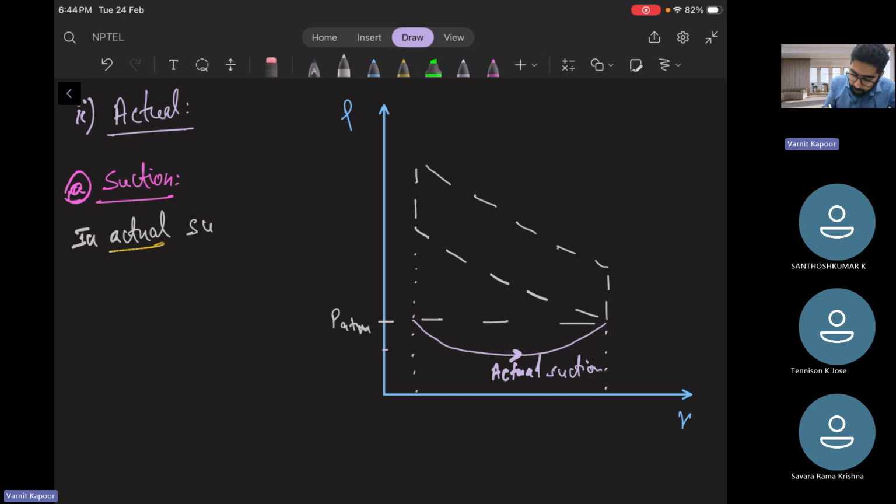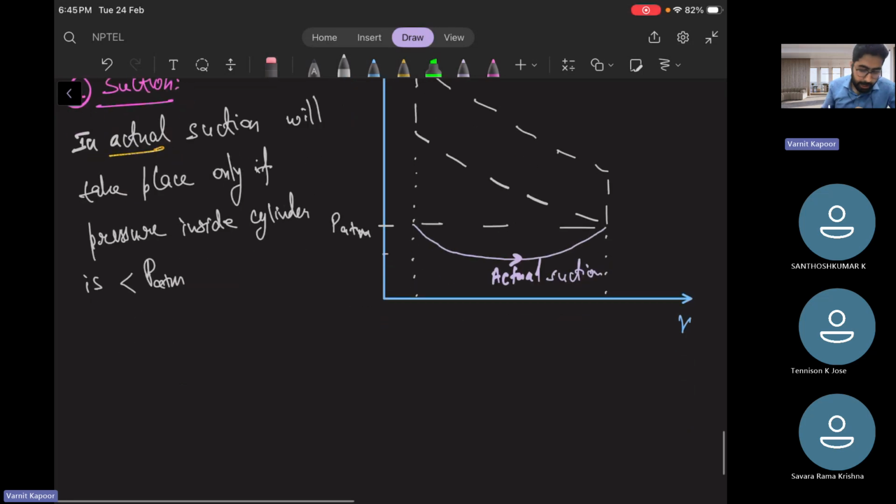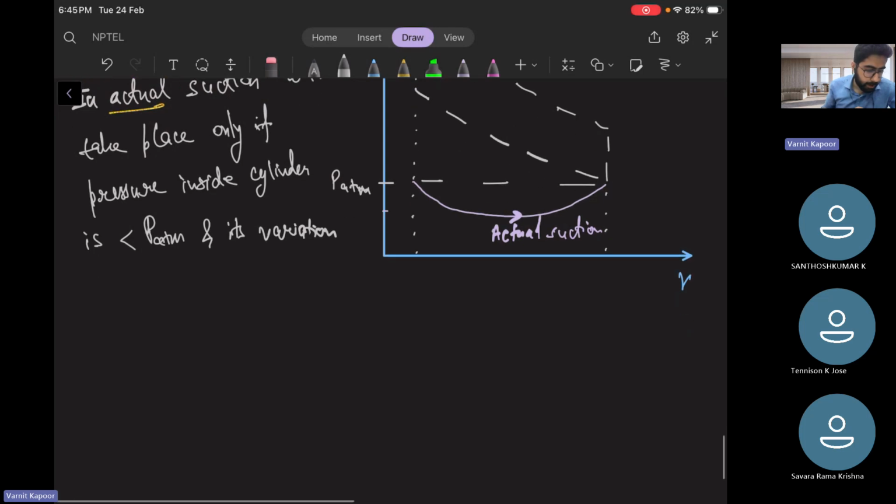Actual suction will take place only if the pressure inside the cylinder is less than P atmosphere, and its variation depends upon the speed of the piston.